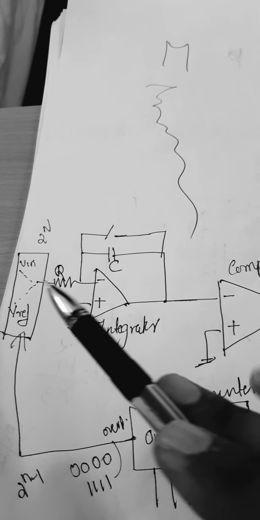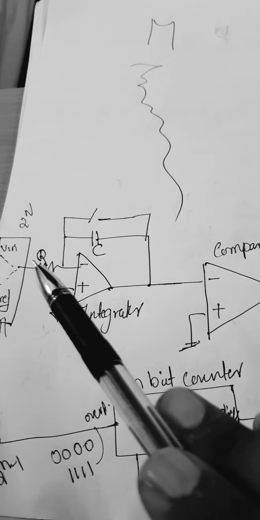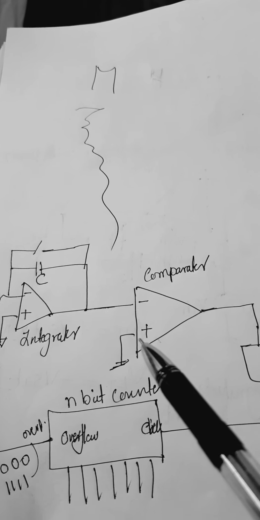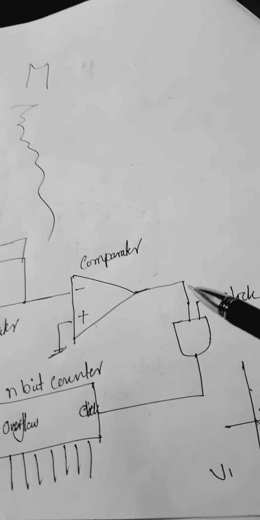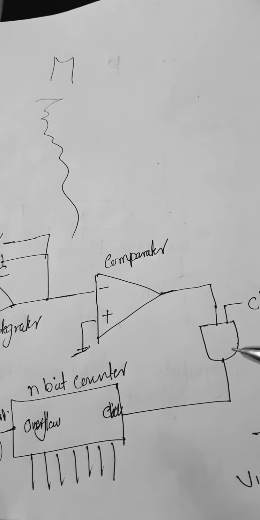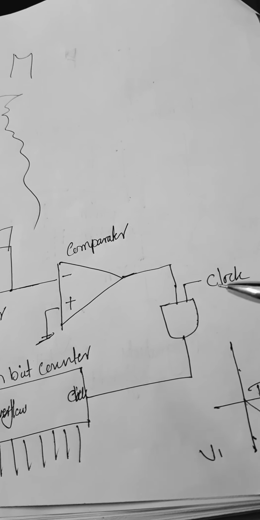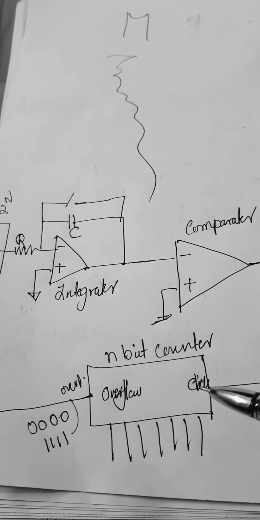First it is connected to plus Vn. So the output of the integrator starts integrating in a negative direction. At that time the comparator output is positive, and it is given as the clock to the n-bit counter.